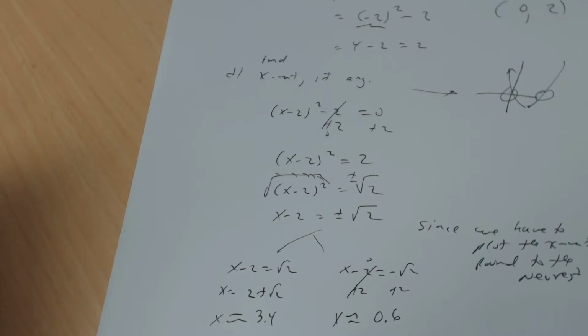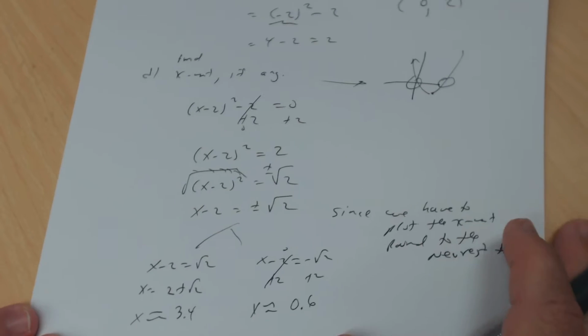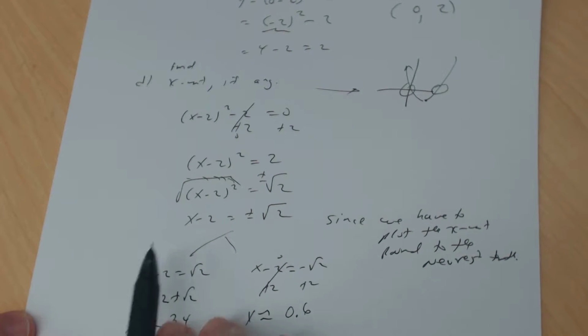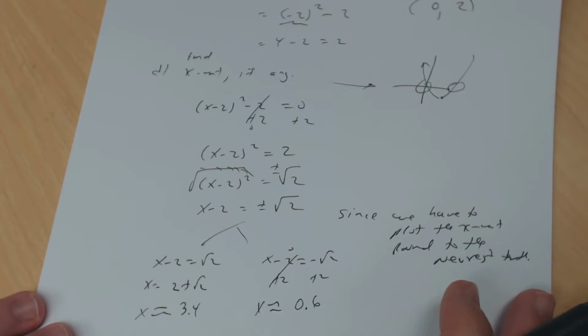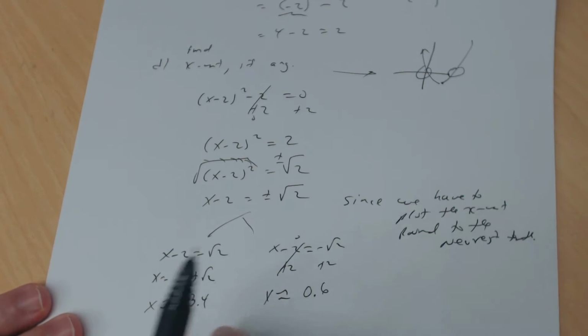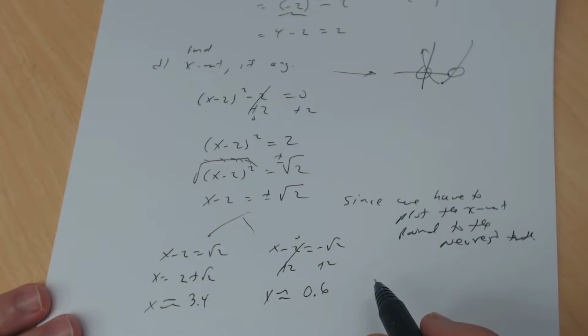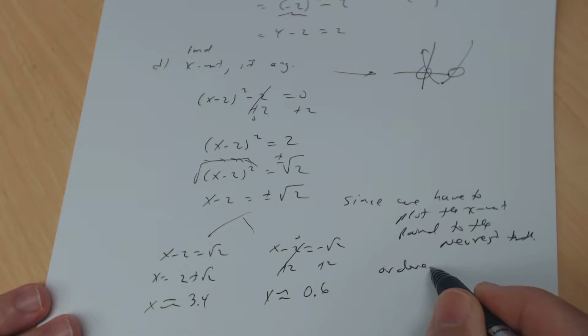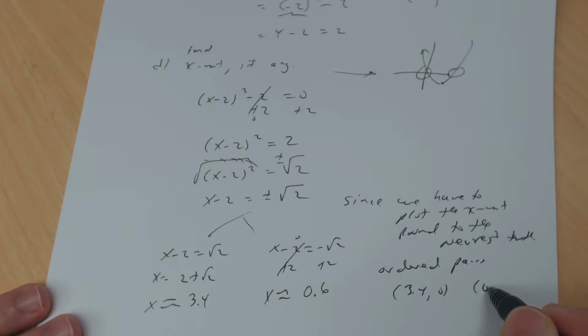Alright, so my x-intercepts: it's going to cross the x-axis at 3.4, and the other one is going to be 0.6. So as ordered pairs, you get 3.4 comma 0, and then 0.6 comma 0.